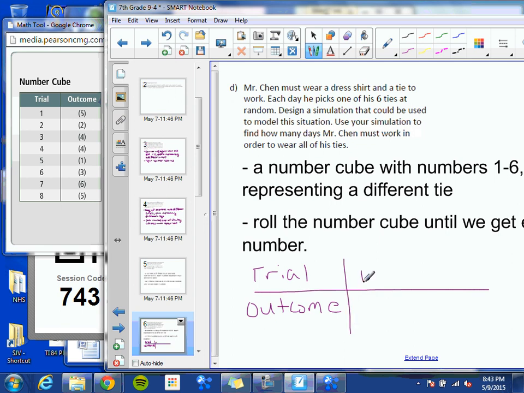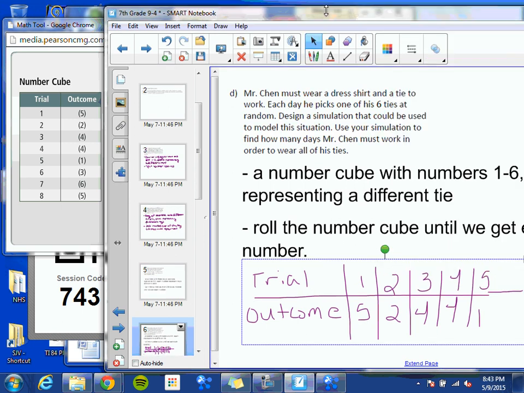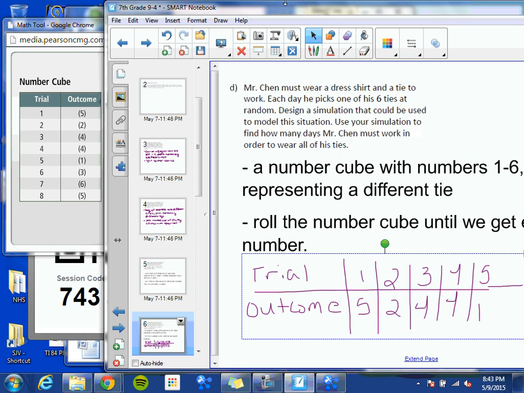So trial 1, we got a 5, trial 2, 2, trial 3, 4, trial 4, also a 4, trial 5, a 1, trial 6 is a 3, and 7 is a 6.